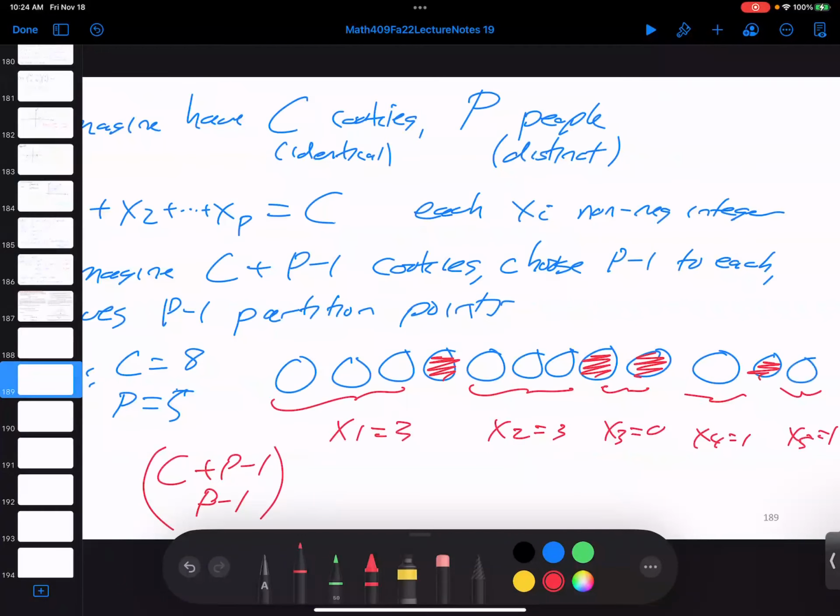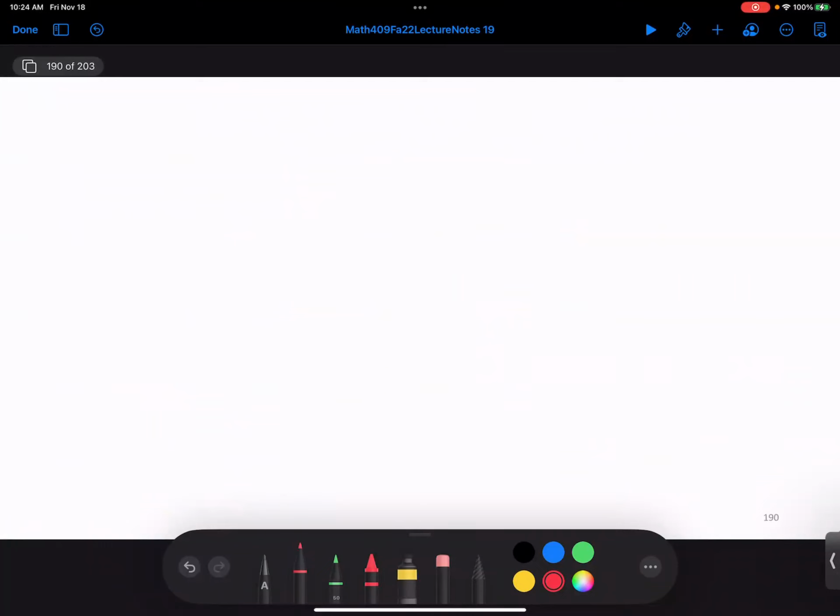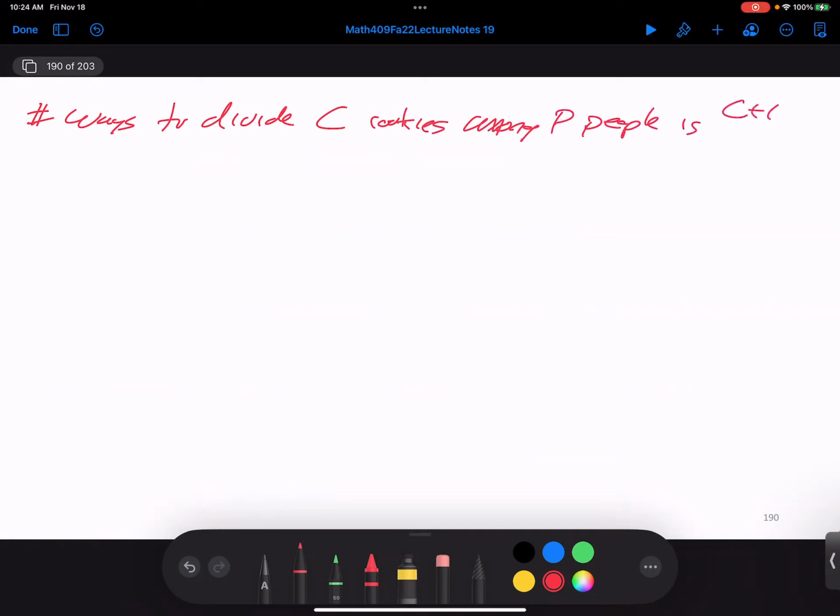So as a nice exercise, we just showed that the number of ways to divide C cookies among P people is C plus P minus 1 choose P minus 1.